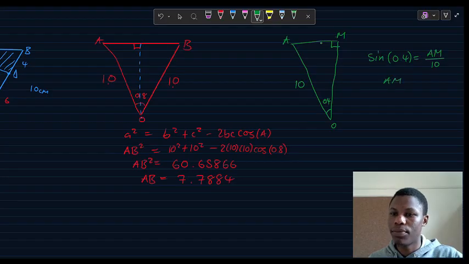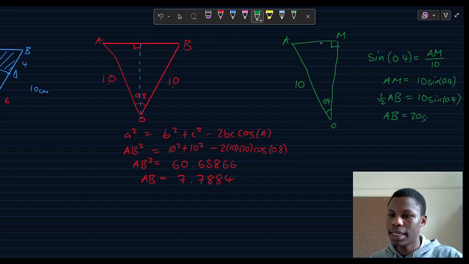So AM is equal to 10 sine of 0.4. And remember, AM is half of AB. So half of AB is 10 sine of 0.4. If you multiply both sides by 2, you should get that AB is 20 sine of 0.4.